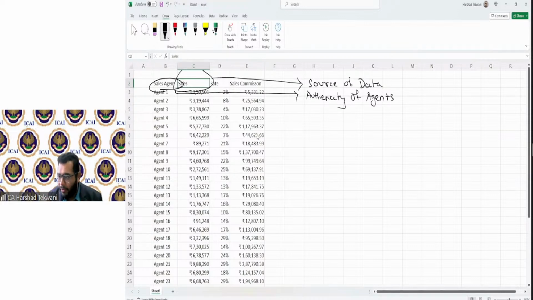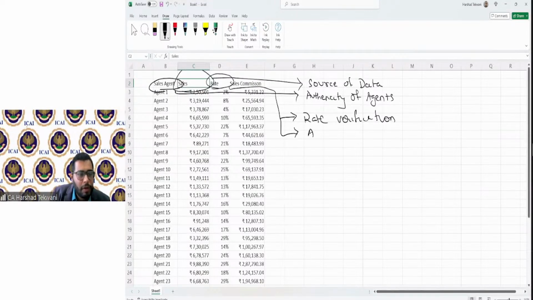Then verify the rate, where the rate is coming from. So rate verification, that is also good. What assumptions have been taken while calculating the commissions? So you know why a different rate and what is the purpose of the assumptions.